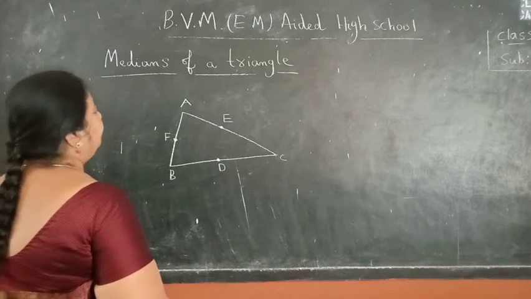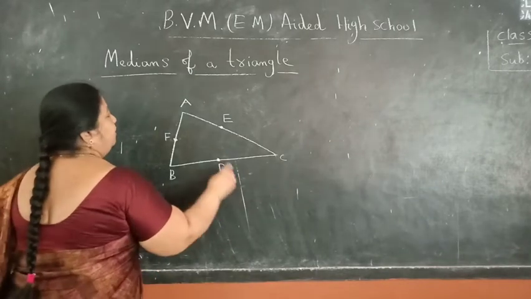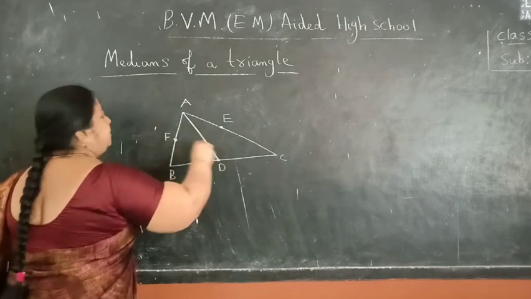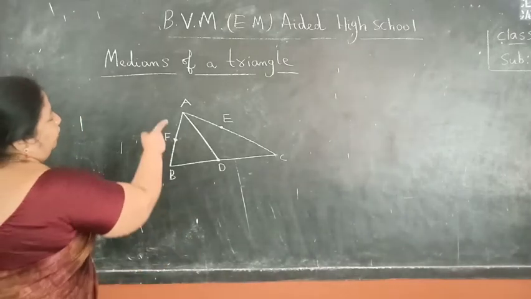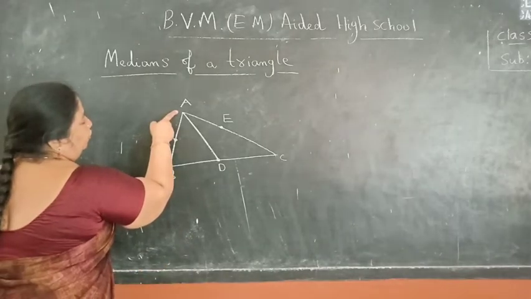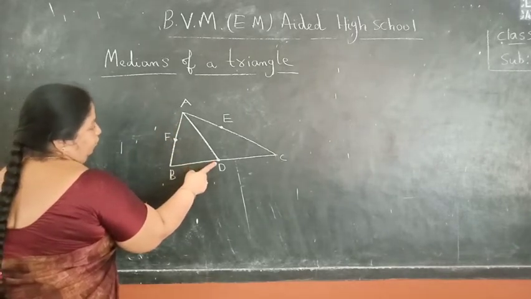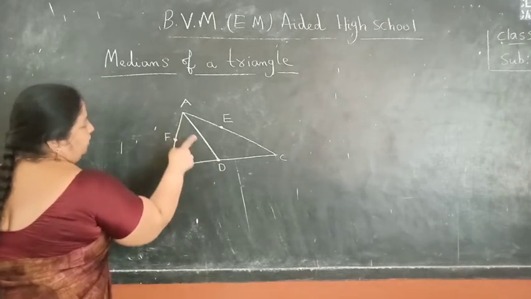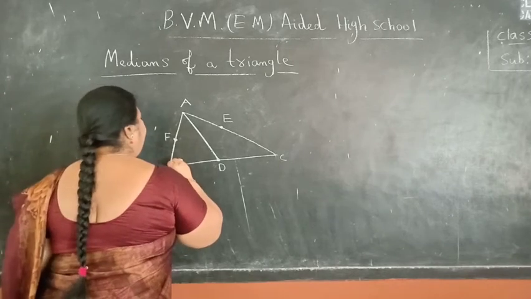From vertex A, draw a line segment to touch the midpoint of BC. That is the median.